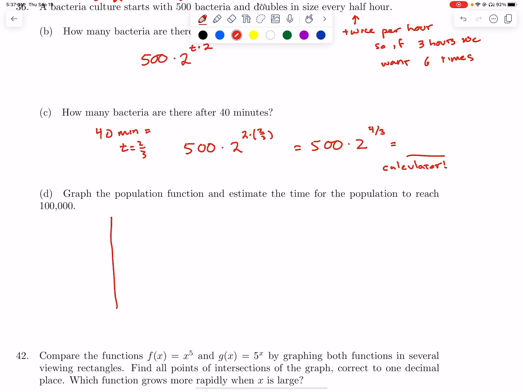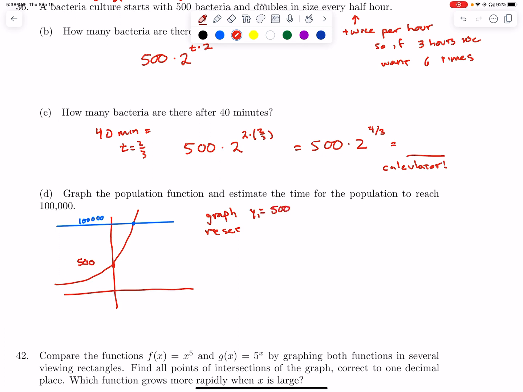What we do is we graph the function. This is 500, and we want to figure out where it hits 100,000. So my suggestion is graph, reset, so graph y1 is 500 times 2 to the 2x.